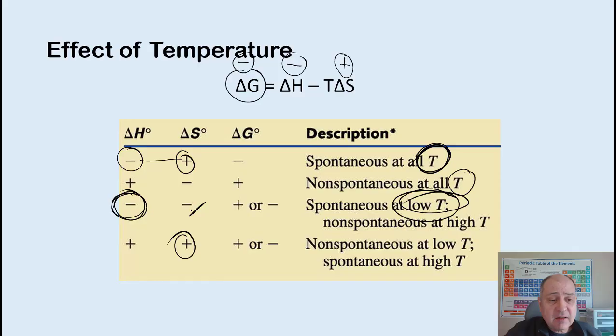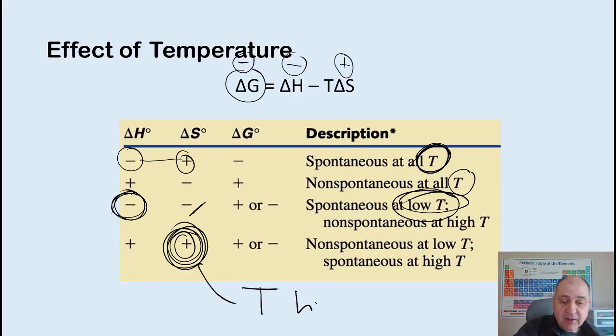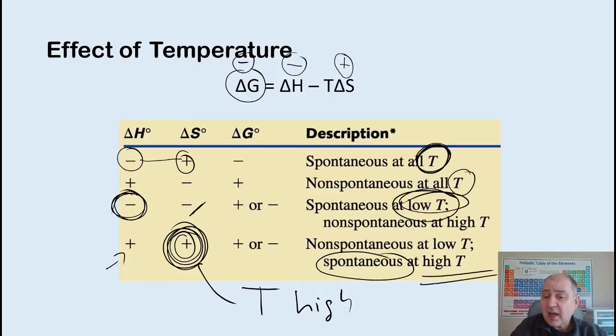So if we have a negative delta S, it's working against us. And of course, if we have the opposite scenario here, we want to amplify the entropy. So we want to have high temperatures here, right? Because this cannot be controlled. It is what it is at any temperature. It's endothermic. It requires energy input. So to make a non-spontaneous reaction at some temperature spontaneous, you run it at a higher temperature.